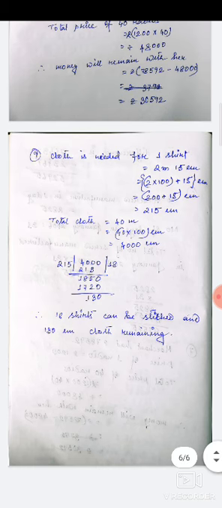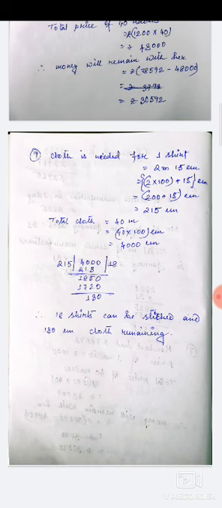So we have to convert to the same unit. Either 2 meter 15 centimeter converted to meter or everything converted to centimeter. If we convert 2 meter 15 centimeter into meter, then we get a decimal number, so we have to convert into centimeter.